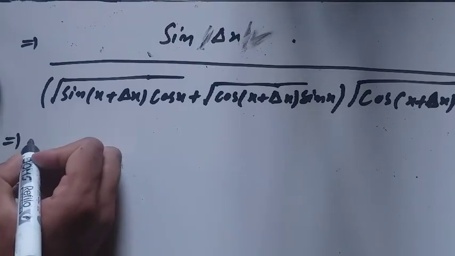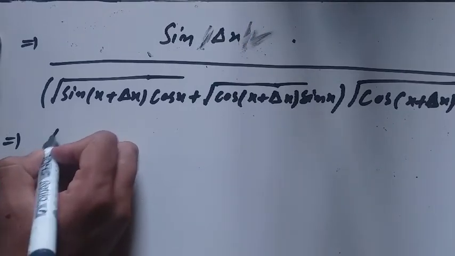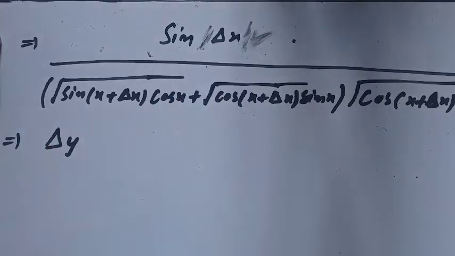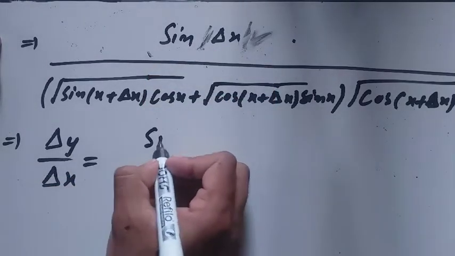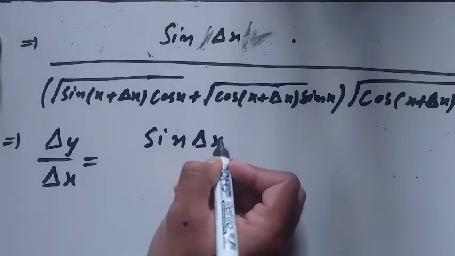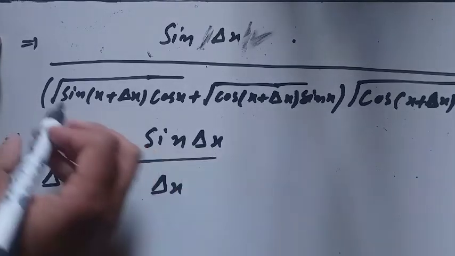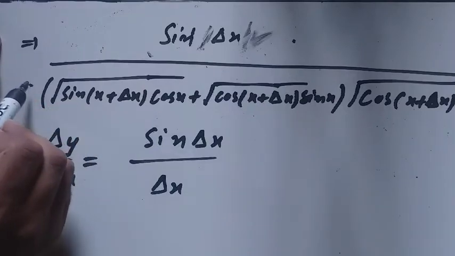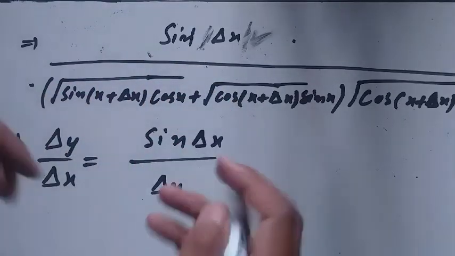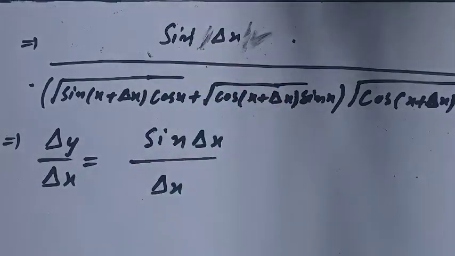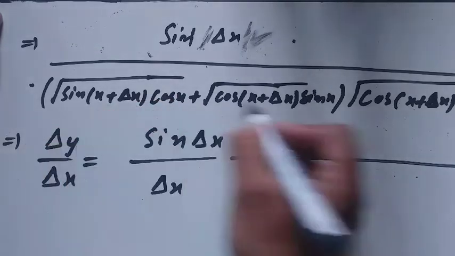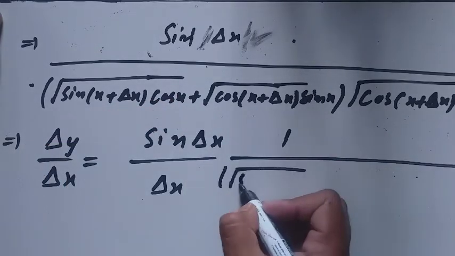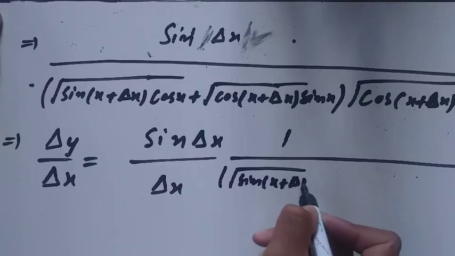Now, as we know, when we divide this whole term by delta x, left and right hand side, that is delta y divided by delta x, we get here sine of delta x divided by delta x. When this divide delta x comes out here, I will put in divide this sine delta x under this sine delta x, and the left remains the same. That is our this term, that is under root of sine x plus delta x. All right.